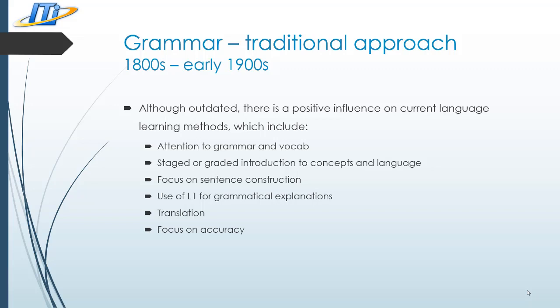In a skills-based program, accuracy can tend to be sacrificed for the sake of fluency development or communicative ability. The second is that staged and graded introduction of concepts and language can assist acquisition as concepts or structures are built upon. Combined with a focus on real-life language needs and fluency practice, this is a helpful approach to learning language.